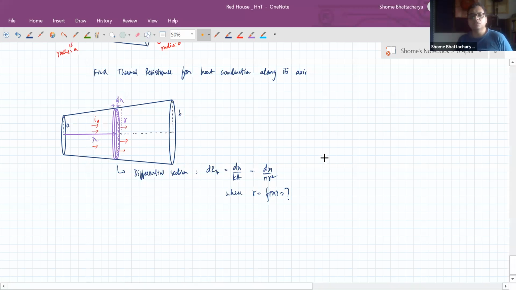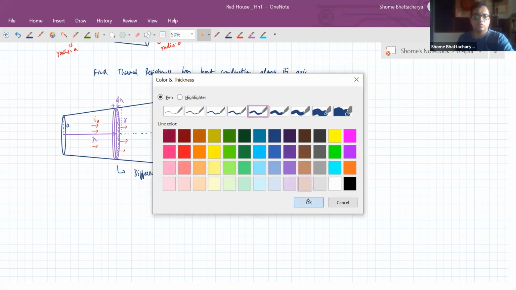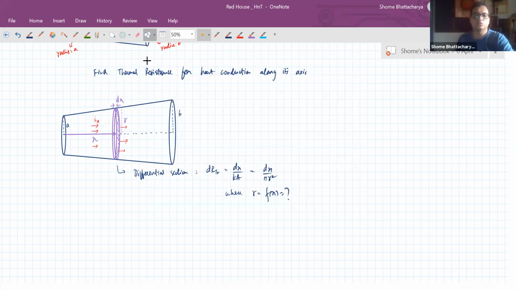Who can tell me what type of function of x is r? When we try to think how to express r as a function of x, what type of function do you think it should be?